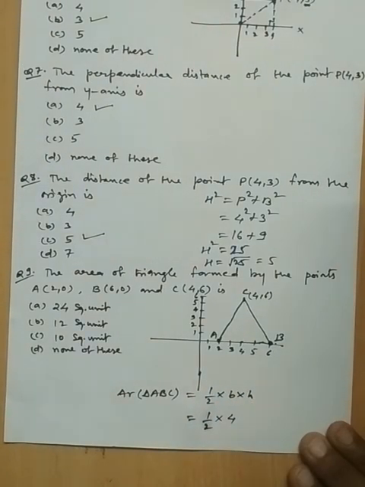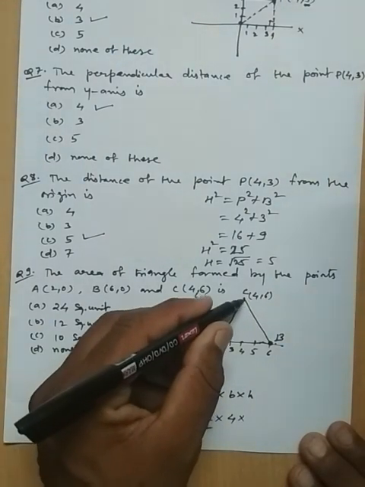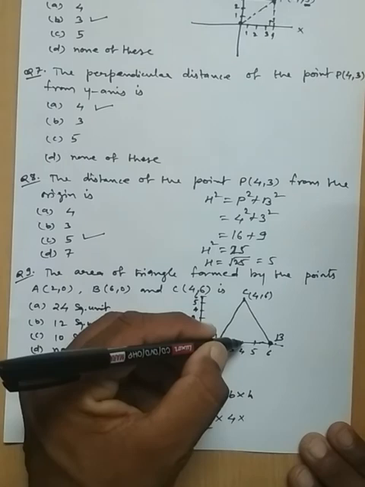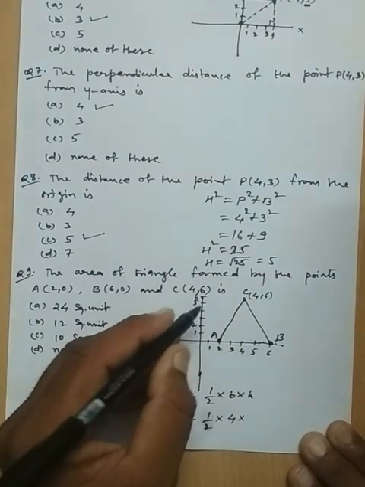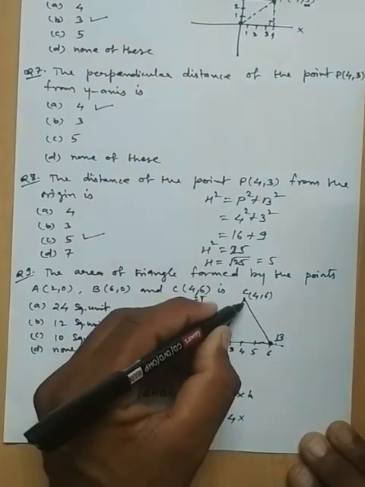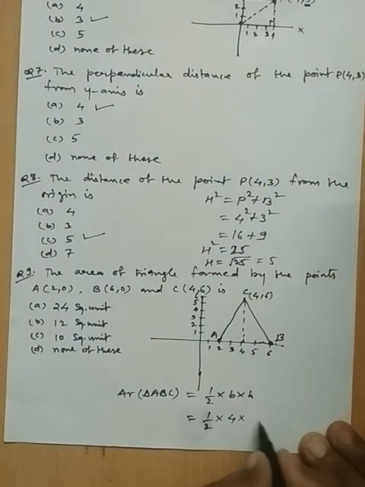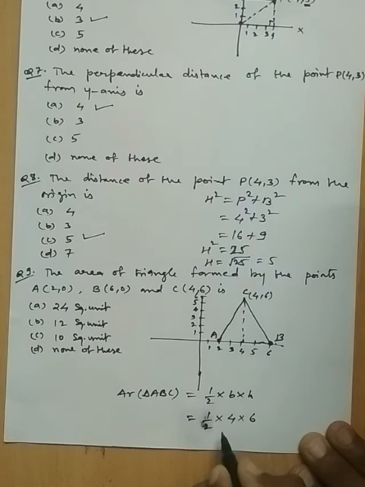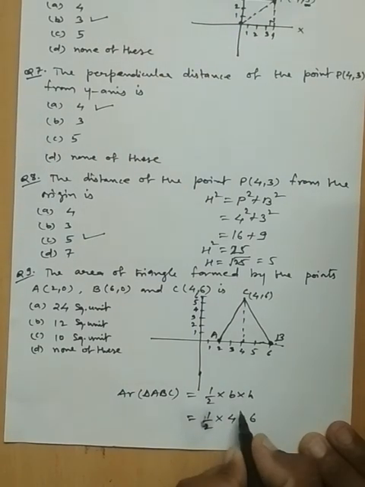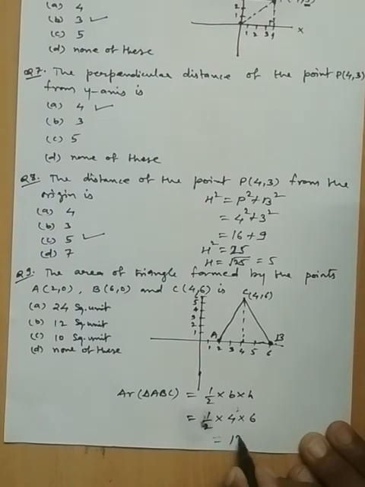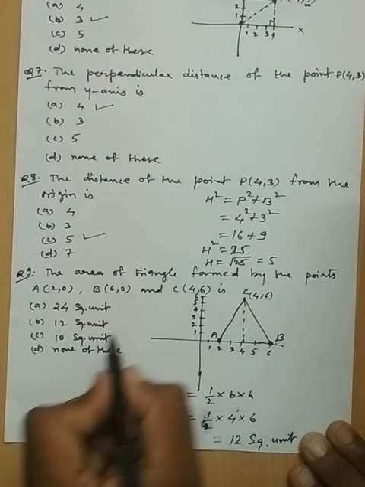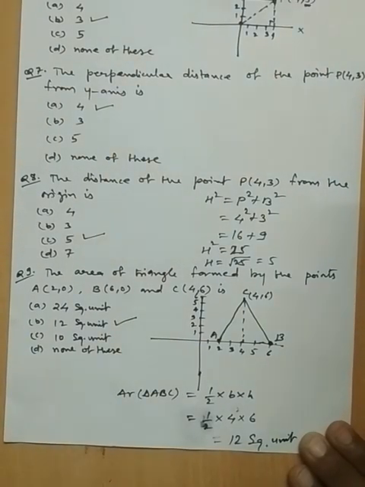So 4 units is the base, and the height from C to the base AB is 6 units. So the 2 is cancelled, 2 times 6 is 12 square units. Option B is correct.